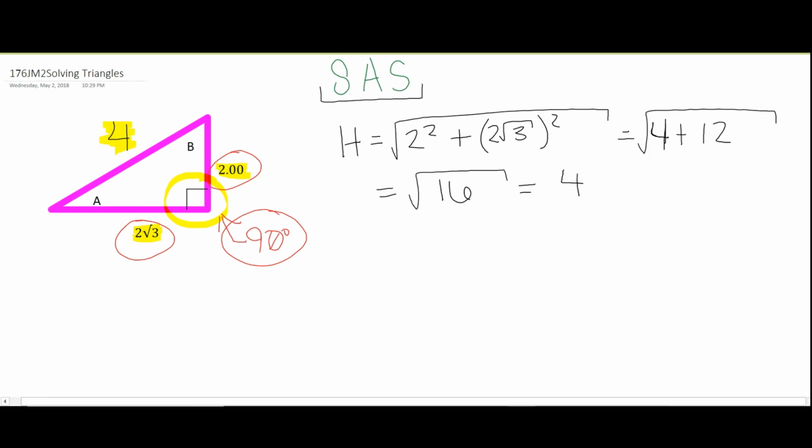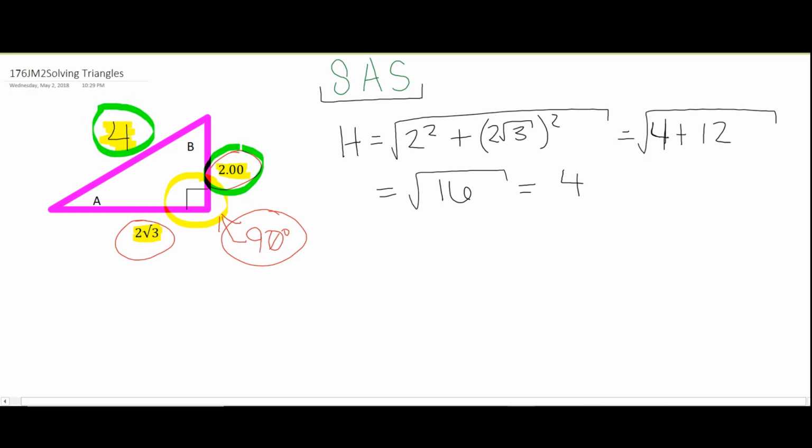So now that I know the hypotenuse, I could use pretty much any trig function to solve for one of the angles. So I'll solve for angle A, and I'll use the trig function that's going to give me the nicest numbers, and that's going to be the trig function that uses this 2 and that uses this 4.